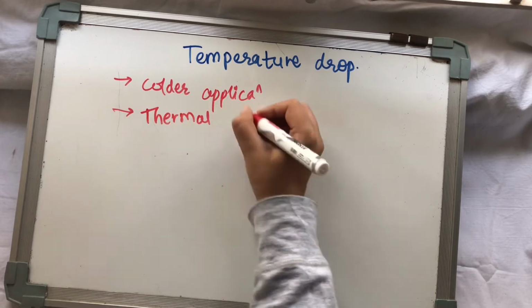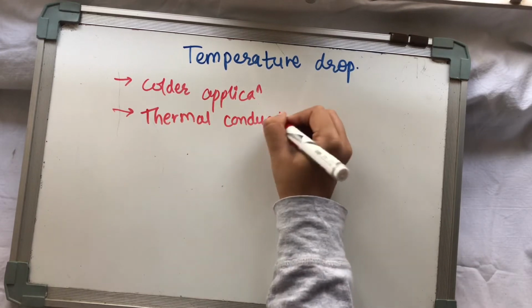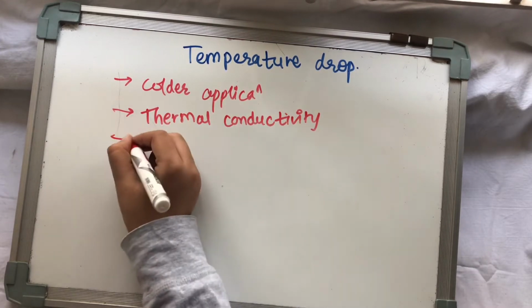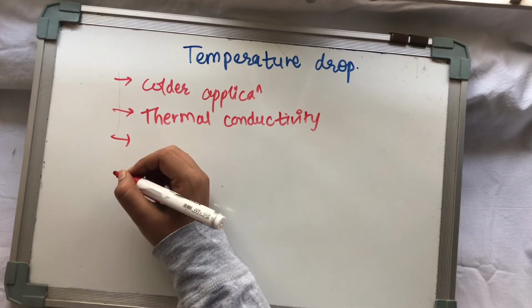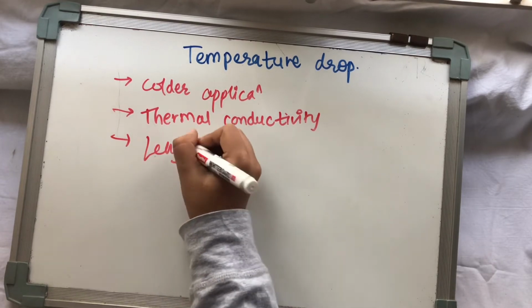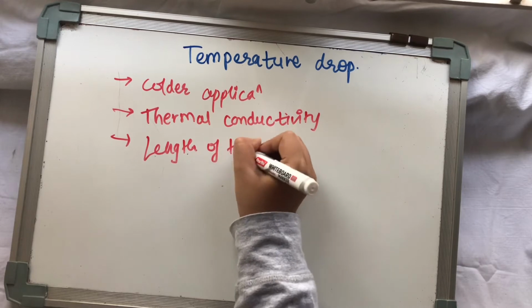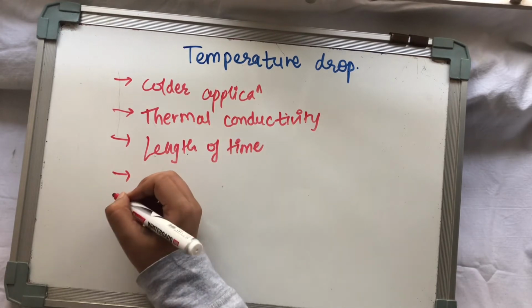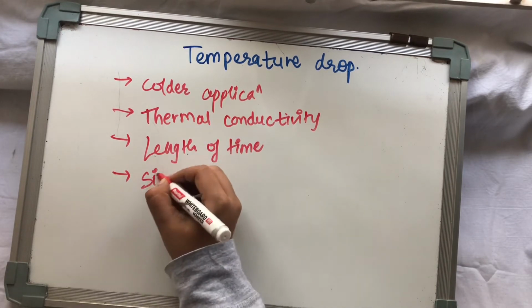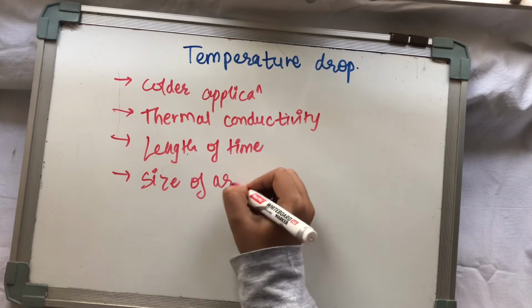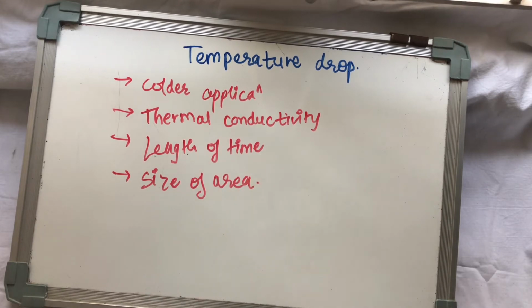Second factor is thermal conductivity of the tissues, which differs from tissue to tissue. Third is length of time. The longer the cold application time, the greater the temperature drop. Fourth is size of area. The larger the area exposed to the cold, the higher the temperature drop.